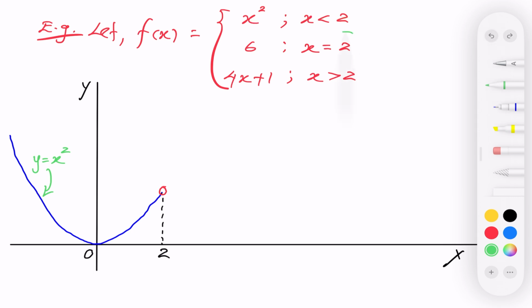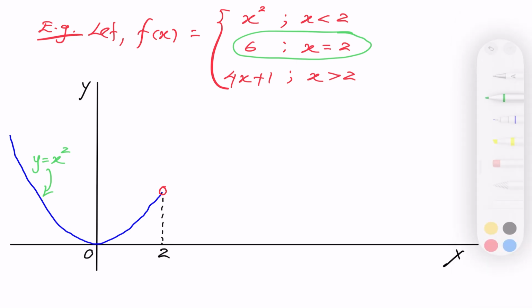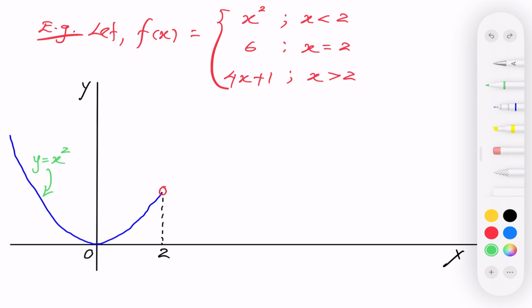Then we can look at this point. When x is equal to 2, f of x is equal to 6. That we can show on this graph. When x is equal to 2, I need the value of f of x. But before that, I can actually do something else. How about the y value right here?